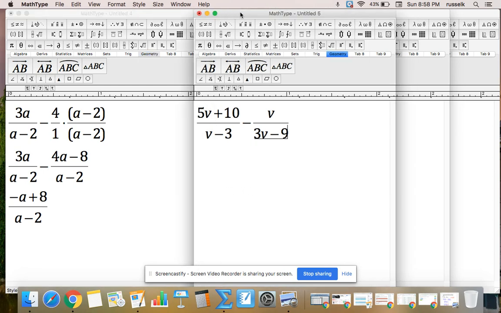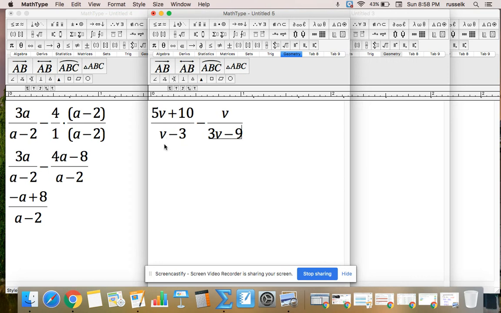In our next example, looking at the denominators, they are not the same to start. And I can factor the second one, so that's the first thing I would want to do. I would want to rewrite this second fraction as v over 3 times v minus 3, factoring out that greatest common factor of 3 from the bottom.